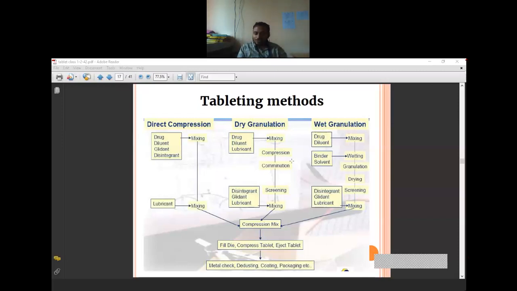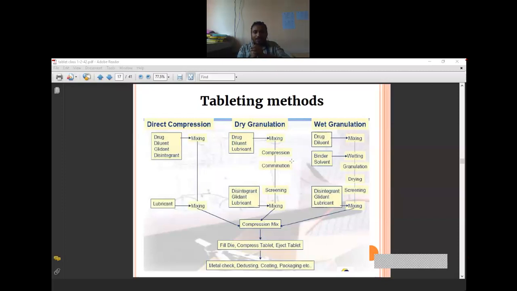So there are three methods: direct compression, dry granulation, and wet granulation. Okay, so what is the direct compression method? In the direct compression method, drugs along with diluent, glidant and disintegrant are mixed together.